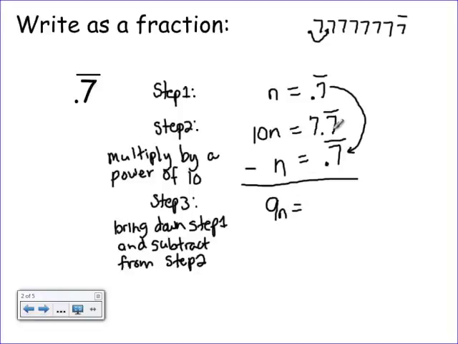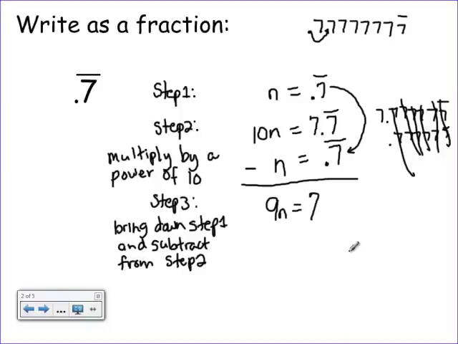Over here, something happens. 7.7 repeating, subtract 0.7 repeating is 7. Because if I were to write this out, subtract, aren't there always 7s lining up? 0, 0, 0, 0, 0, 0 when I subtract?